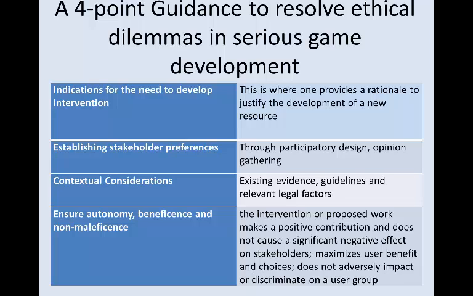Beneficence and non-maleficence are respectively making sure that the proposed intervention makes a positive contribution and overall leads to betterment, and ensuring that the proposed intervention does not cause harm. In an educational intervention, that could mean maximizing user benefit and choices and ensuring that the development of the new intervention does not adversely impact or discriminate against a learner or a user group.